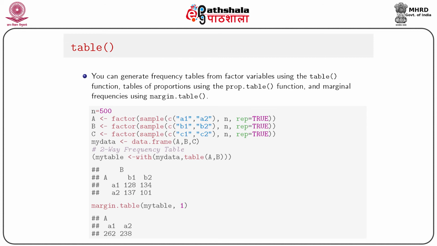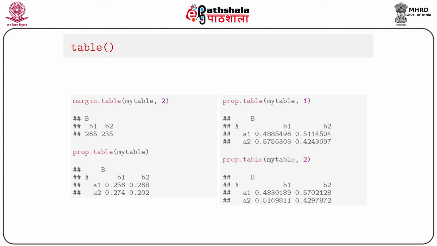If you want the margin, margin.table(mytable, 1) will give you the row-wise totals, and margin 2 will give you the marginal totals of the data column-wise, that is with respect to B: margin.table(mytable, 2).